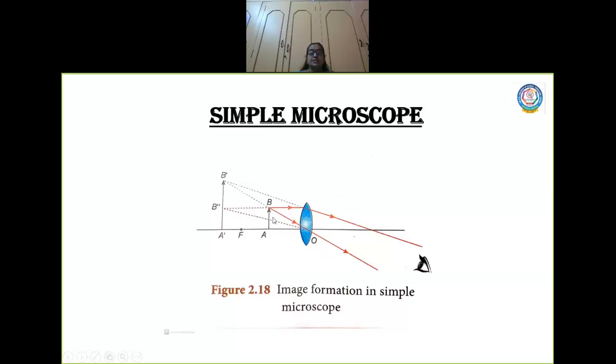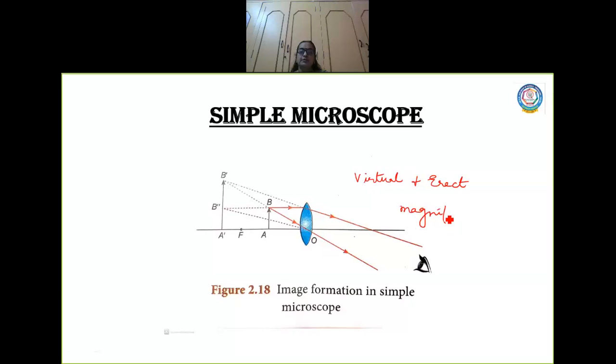Now the object is small. That is why we go for microscopes. Now look at the height of the object. It is a very small object, right? But look at the image. Now the image formed will be a virtual and erect image, and it is a magnified image.